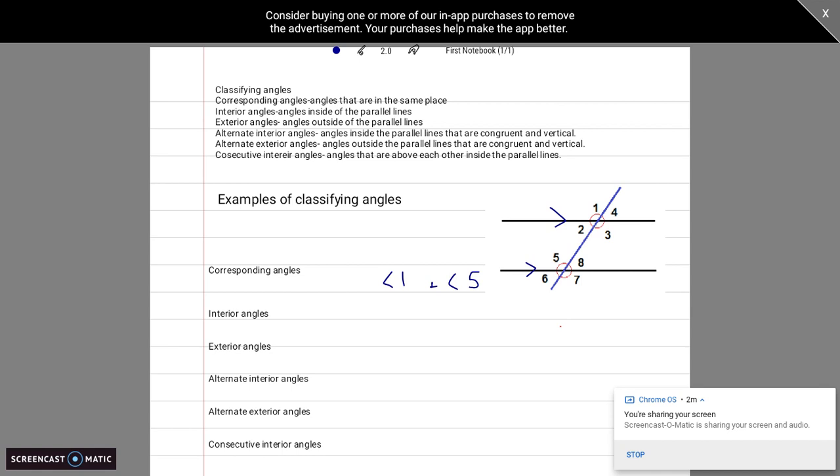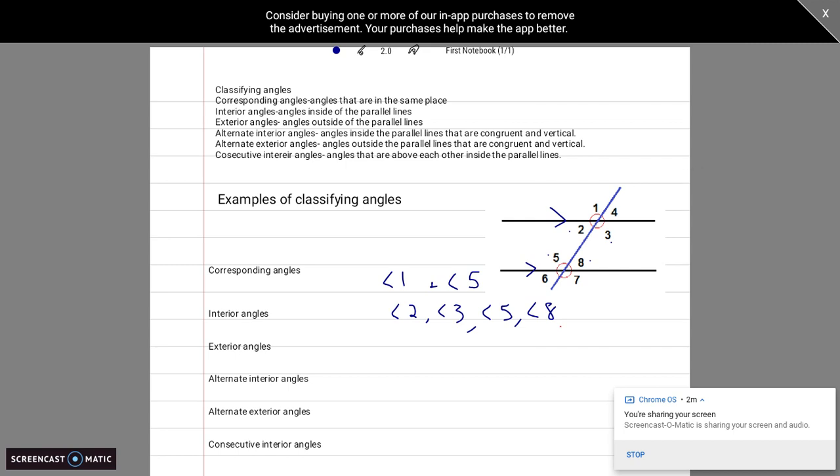Let's talk about interior angles. When you hear the word interior, you should think of inside. It's angles that are inside of your parallel lines. There are going to be 4 interior angles in this case and 4 exterior angles. Our 4 interior angles are going to be angle 2, angle 3, angle 5, and angle 8, because all of these angles that I just put little dots next to are inside of those parallel lines.